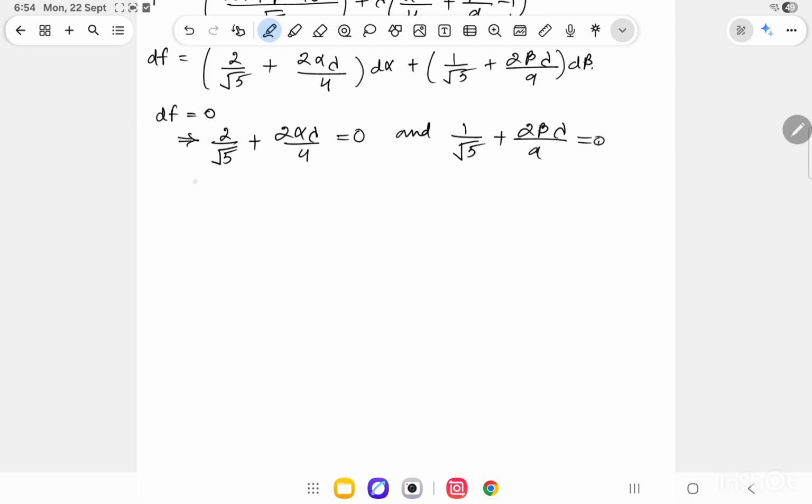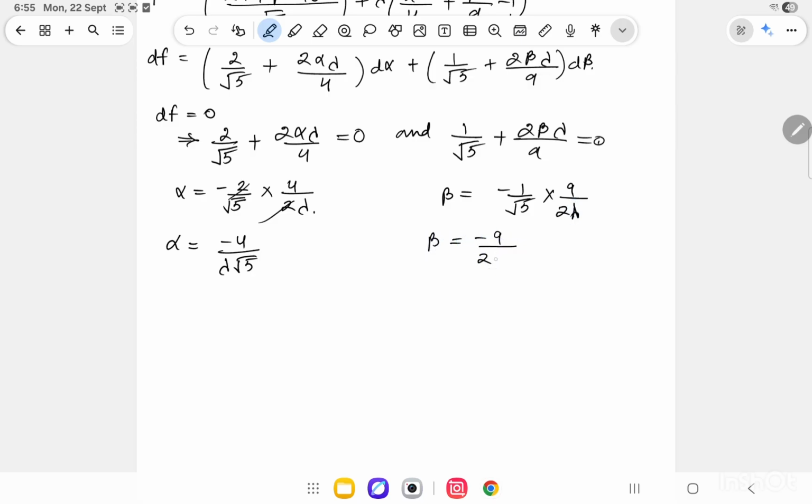So if I calculate alpha from here, that will be minus 2 by root 5 into 4 by 2 lambda, that is, alpha equals minus 4 by lambda root 5. Likewise, if I find beta, that will be minus 1 by root 5 into 9 by 2 lambda, so my beta will be minus 9 by 2 lambda under root 5.